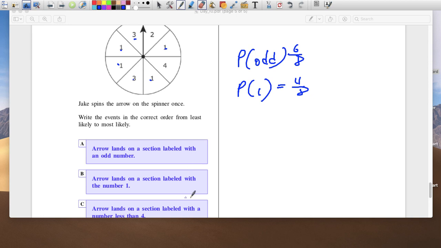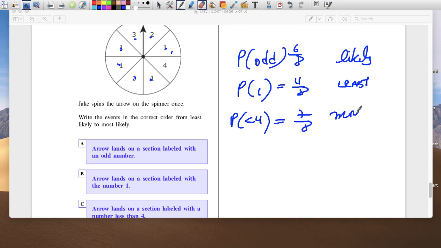And the probability of landing on a section labeled with a number less than 4. Less than 4 would be 1, 2, 3, 4, 5, 6, 7. Less than 4, 7 out of 8. So that's in order. Obviously, this would be least likely, and this more likely.